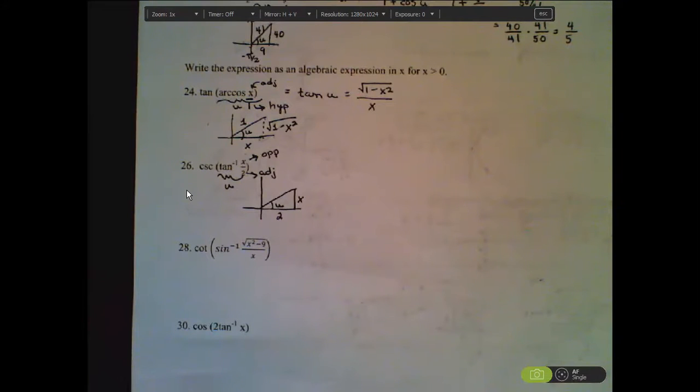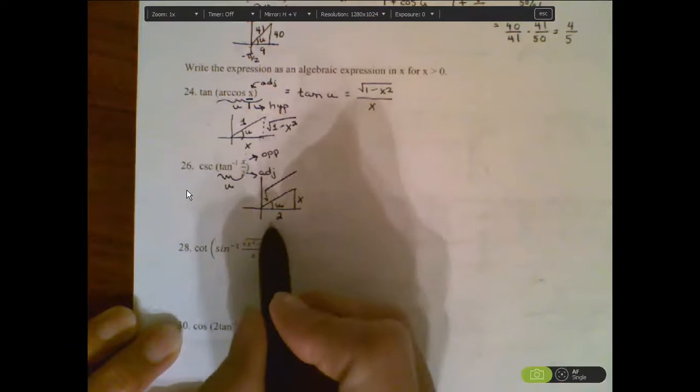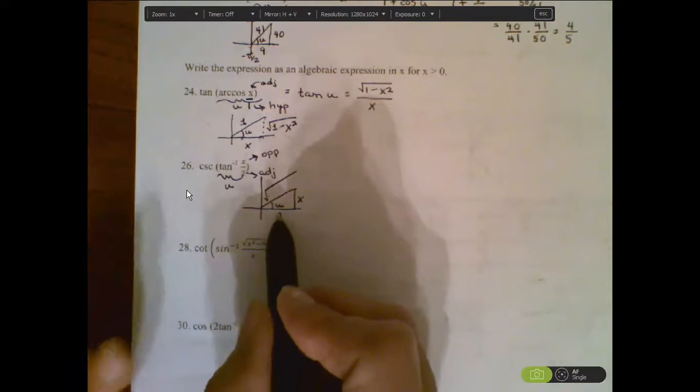What would that make the hypotenuse? Square root of leg squared plus leg squared. You could either write it square root of 4 plus x squared or square root of x squared plus 4. Same thing.